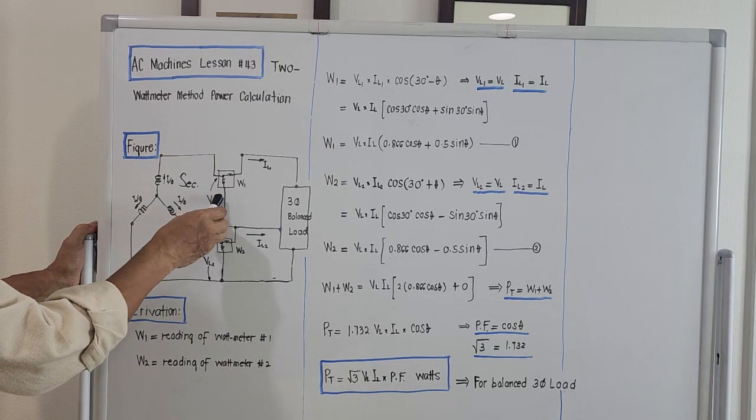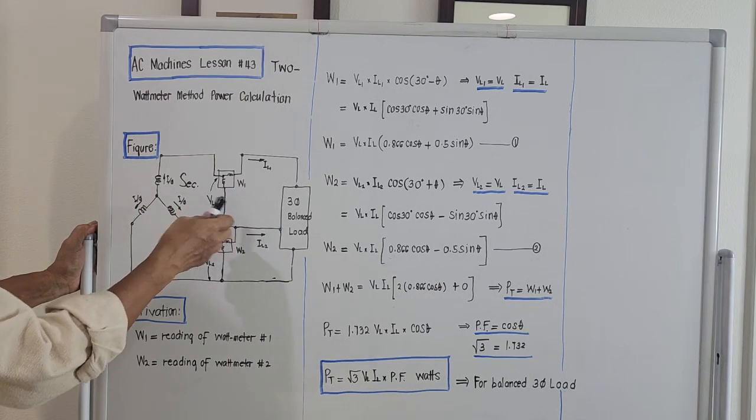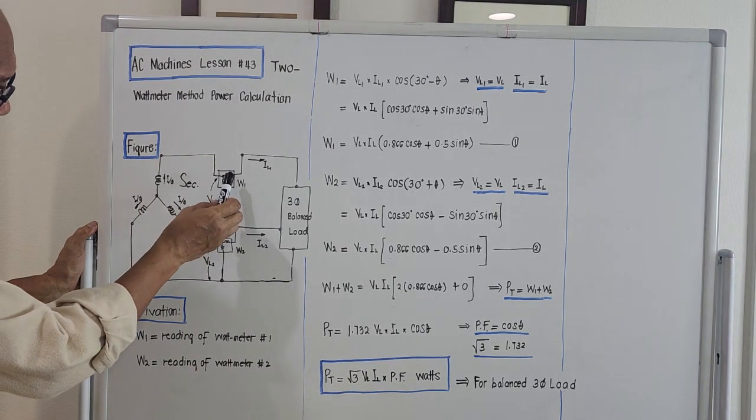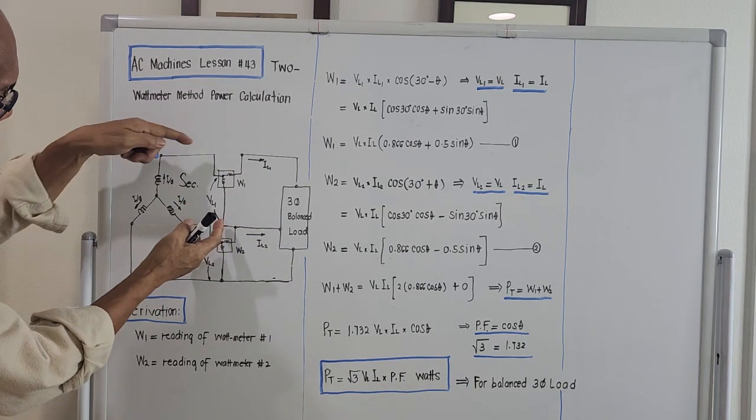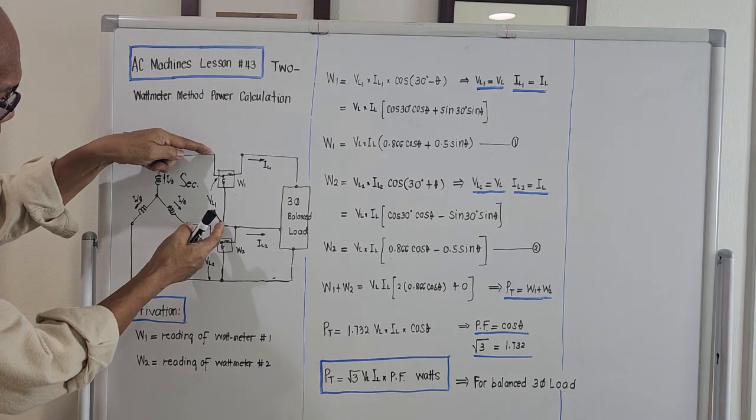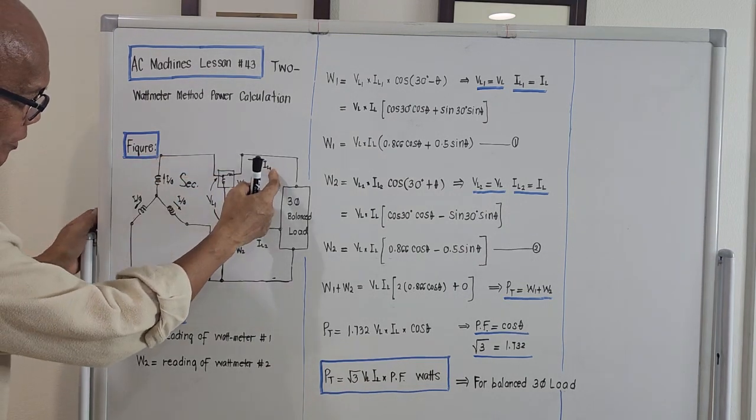This is a wattmeter. A wattmeter has a current winding and a voltage winding. The voltage winding measures the voltage across this, and the current winding measures IL1.